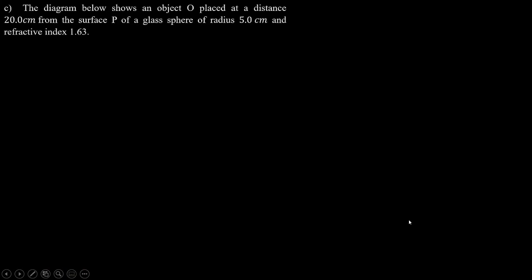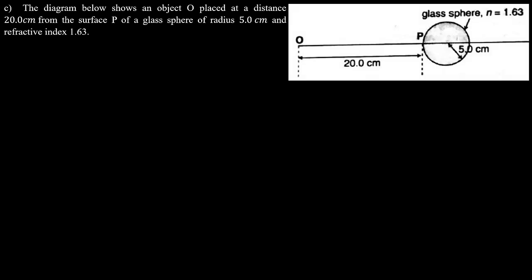Okay, next, the last part of this question. The diagram below shows an object O placed at a distance 20 cm from the surface P of a glass sphere of radius 5 cm and refractive index 1.63. And your n is equal to 1.63 here.